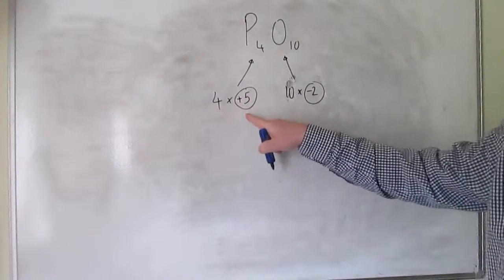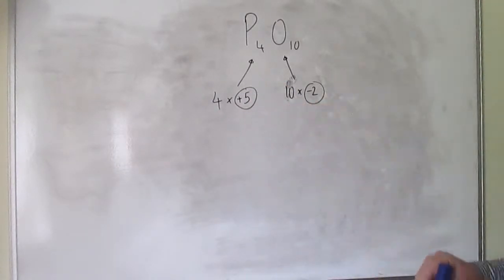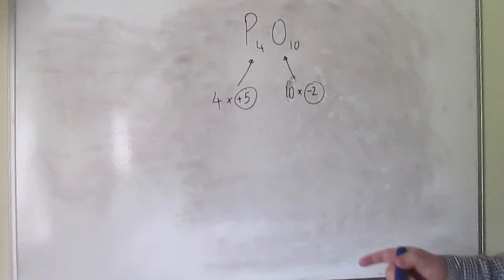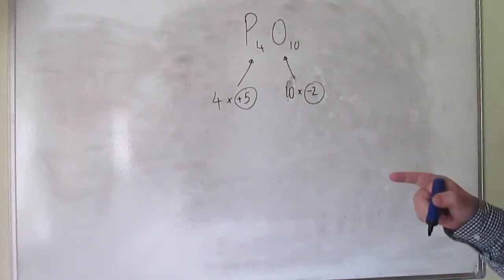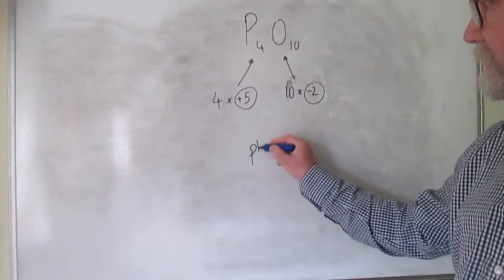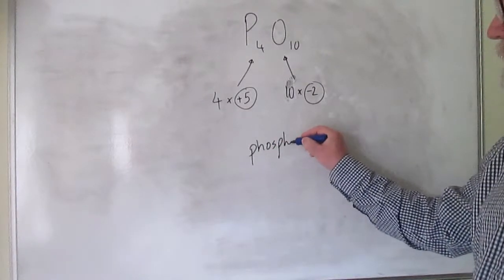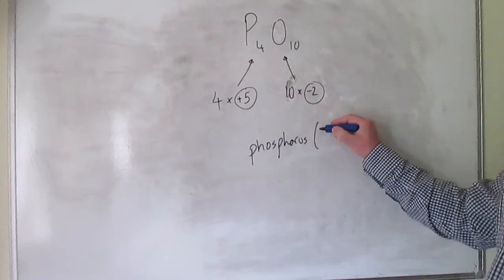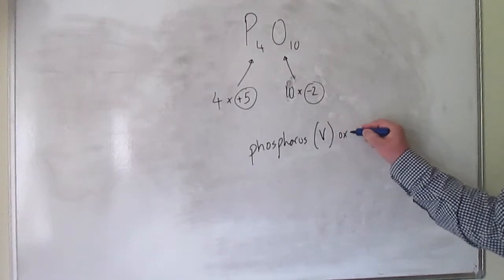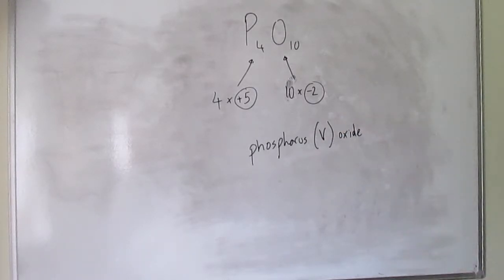So +20 -20 adds up to 0, as it must, because it's a neutral compound. That's the oxidation state of the phosphorus, and that gets translated into a Roman numeral. So it's called phosphorus(V) oxide, and that's the systematic name.